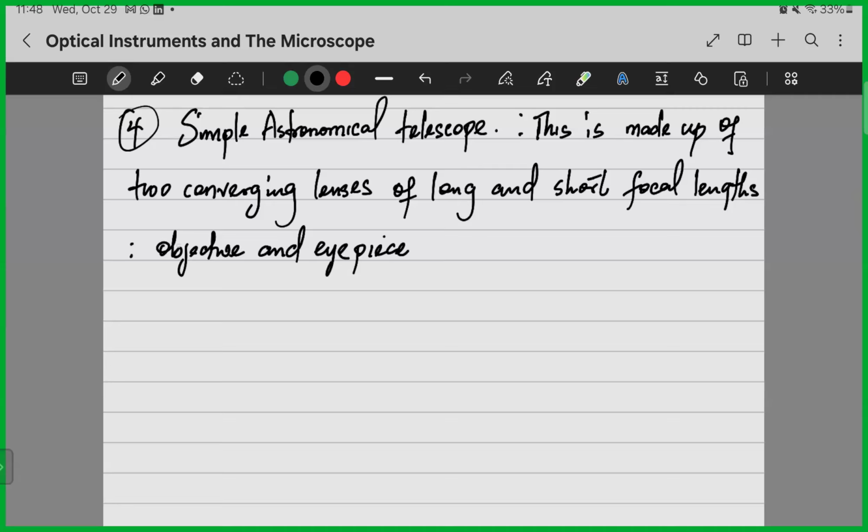And it has one converging lens, that's the objective, and one diverging lens, the eyepiece.